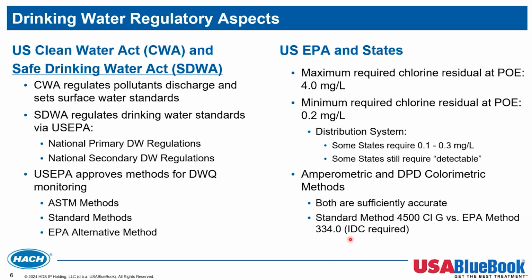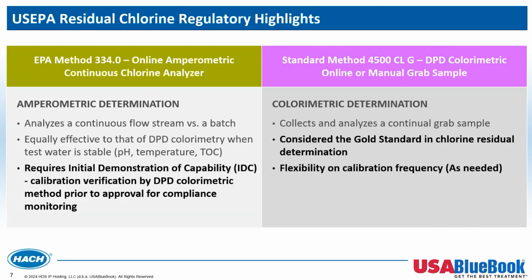And here it's important and quite useful to touch base on what exactly is covered by those methods, standard and the alternative US EPA. See here in this slide the major aspects of the regulatory acceptance by those two methods.